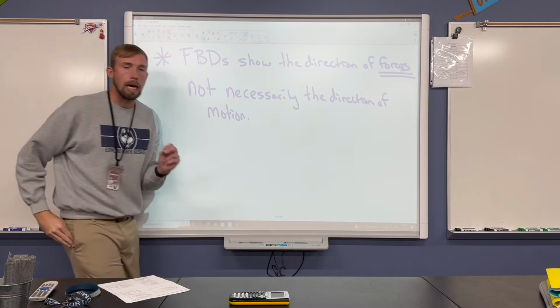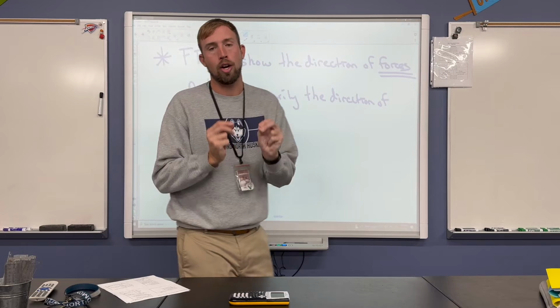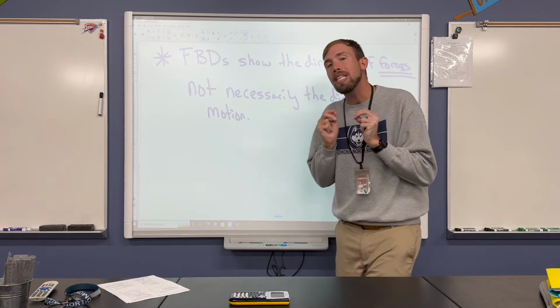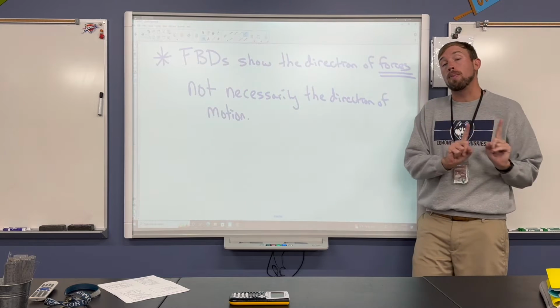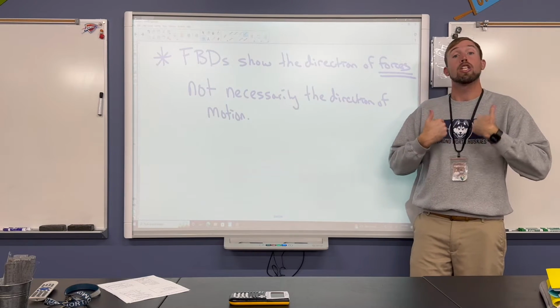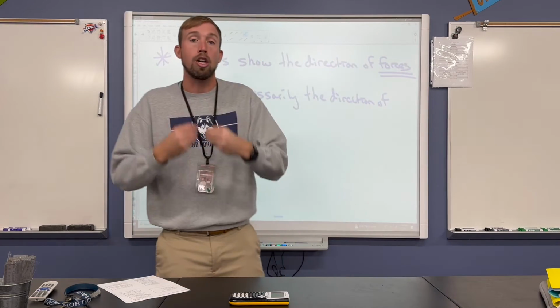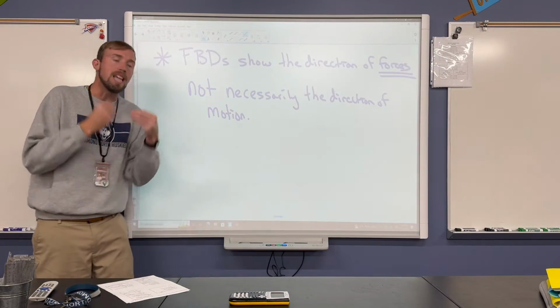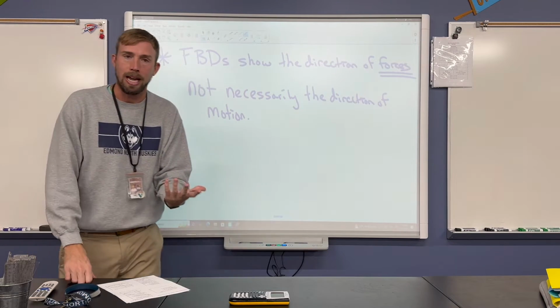A free body diagram will show you the direction of the forces acting on an object. That will not always mean the free body diagram will show the direction an object moves, meaning the direction of its velocity. Free body diagrams show the direction of the forces on the object, not necessarily the motion or the velocity of the object.